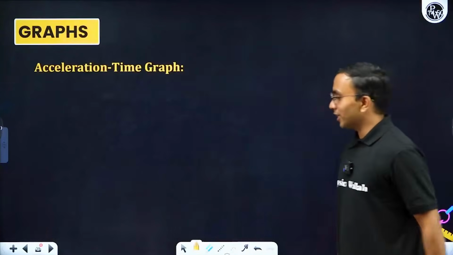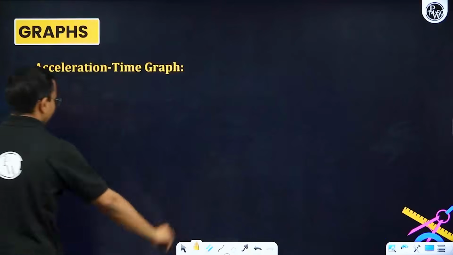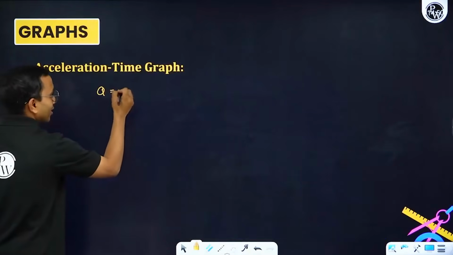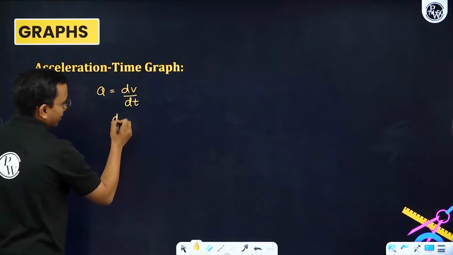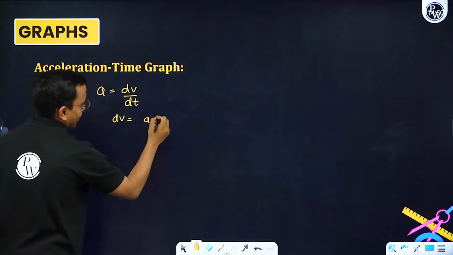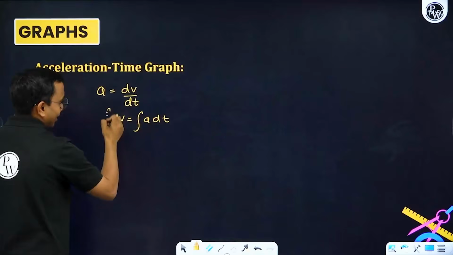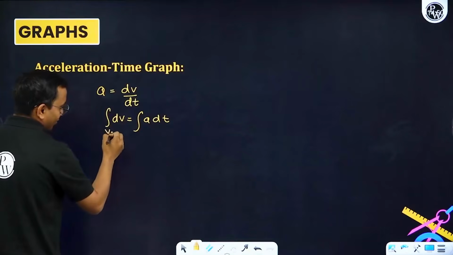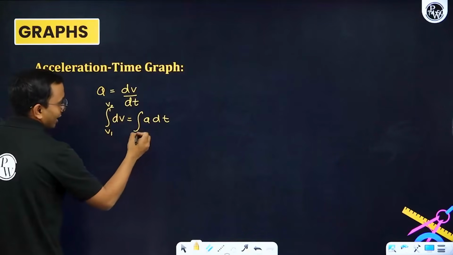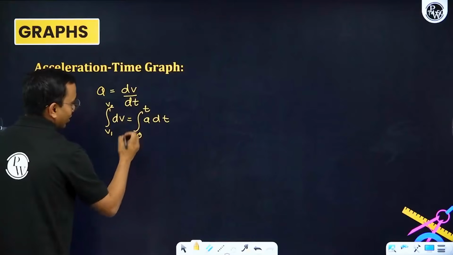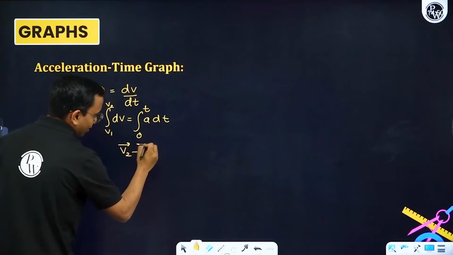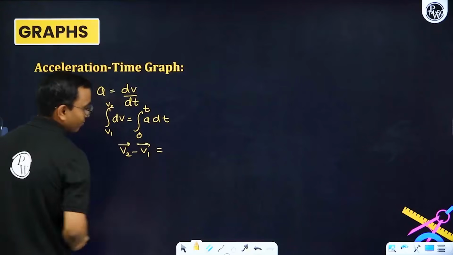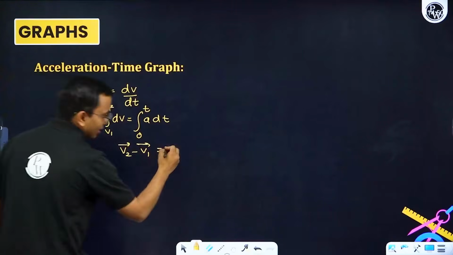Acceleration time graph, the a-t curve. So first of all, a is equal to dv by dt, so dv is equal to a dt. Integrating velocity from v1 to v2 as time goes from 0 to t, what is v2 minus v1 equal to? The area under the curve.